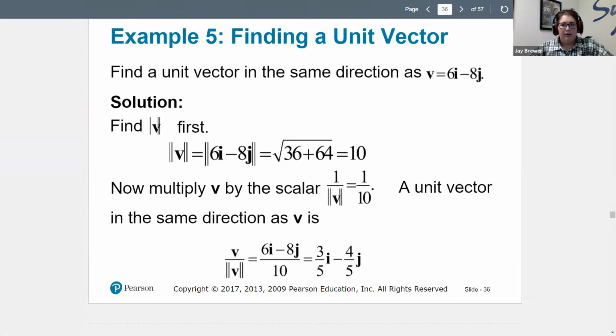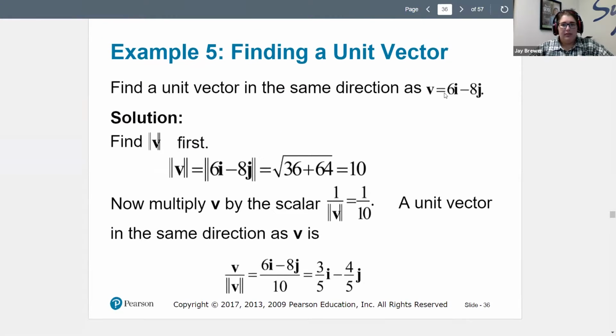All right, so let's look at that with an example. If we're given the vector equals 6i minus 8j, or 6 comma negative 8, then we have to first find the magnitude, which ends up being 10. So then now we multiply v by the scalar 1 over 10. So we plug everything in and we end up getting 3/5 i minus 4/5 j.